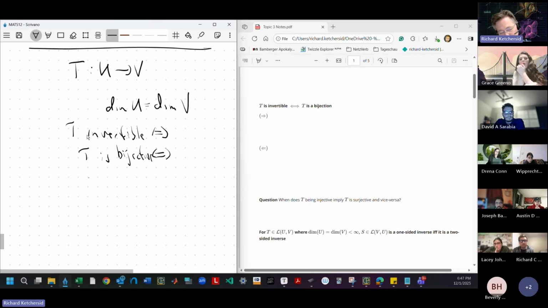So this is what we know: T is invertible if and only if it's bijective. That's what I just showed. But we can add to this list that T is injective, because if we have an injective map between two vector spaces of the same finite dimension, they're actually also surjective. So it's automatically bijective. And then we can add to this list that T is surjective for the same reason.